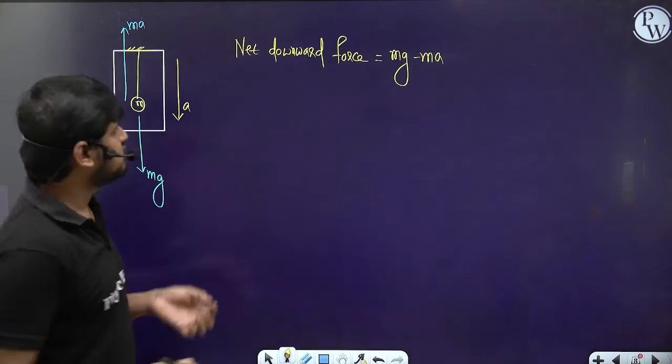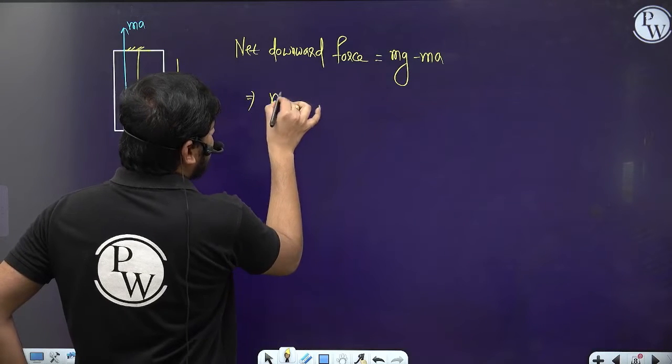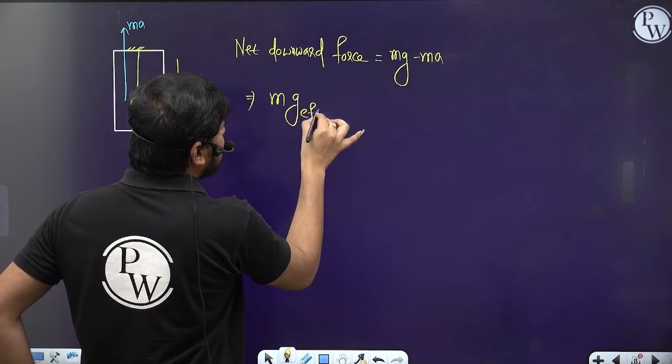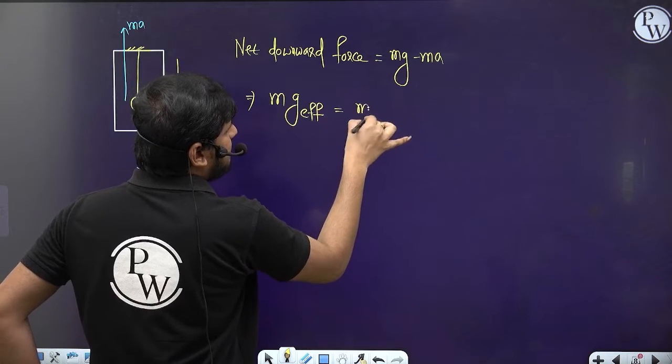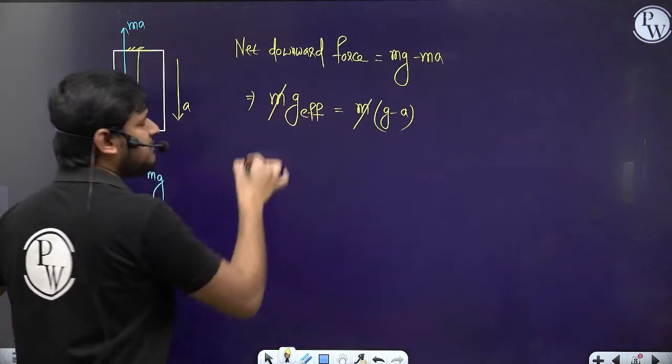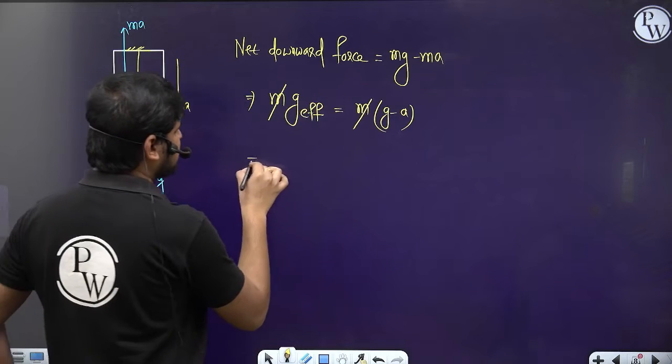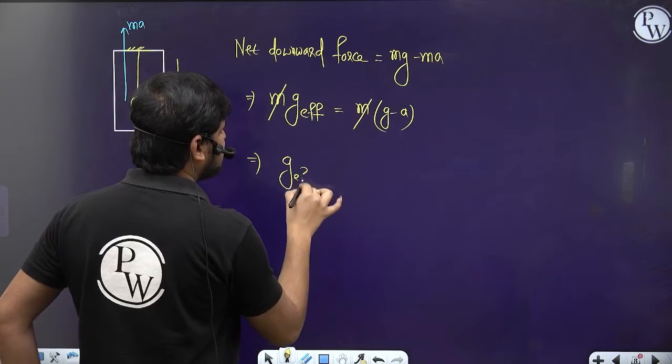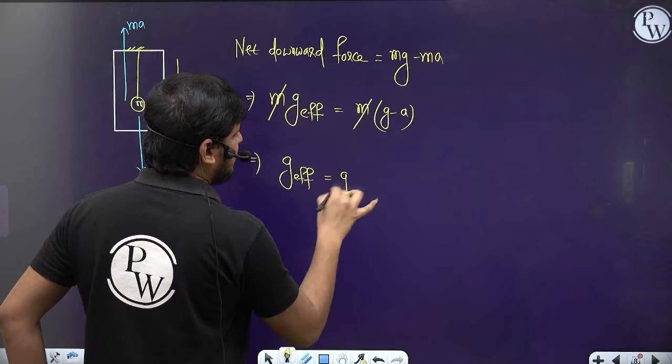Done. So here m into g effective is the net downward force. M, take it common. So here it is g minus a. M gets cancelled. So then the g effective will be equal to g minus a.